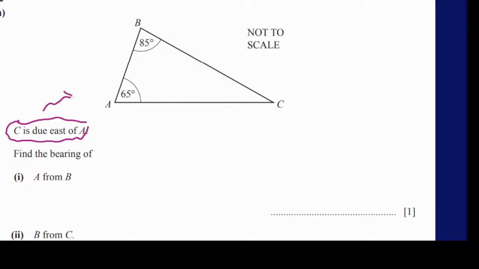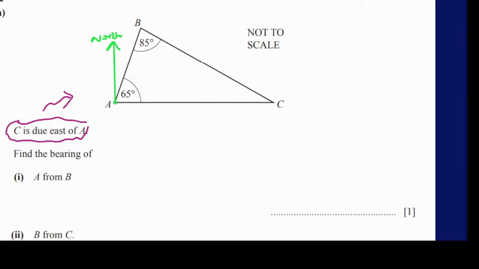How would you show this information on the given diagram? The first thing you got to do is draw the north direction at A. So this is the north, and from north, when you rotate 90 degrees clockwise, what is the direction that you get?